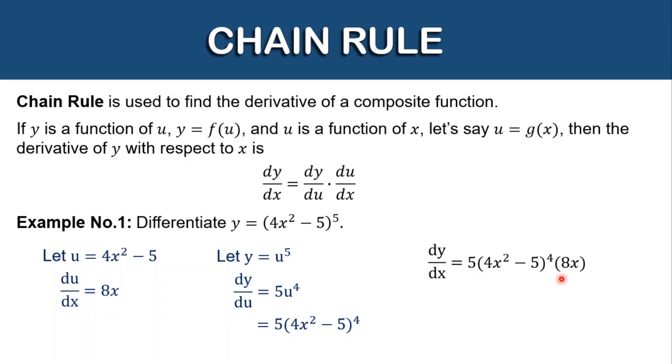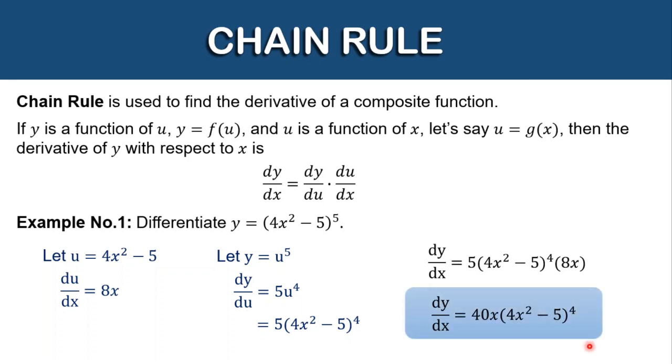Then after substituting the values, we just need to simplify. So kung pwede nating i-simplify, isa-simplify natin. In this case, pwede nating i-multiply yung 8x tsaka yung 5. So 8x times 5 is 40x, then multiplied by the quantity 4x squared minus 5 to the 4th power. And this is our answer.